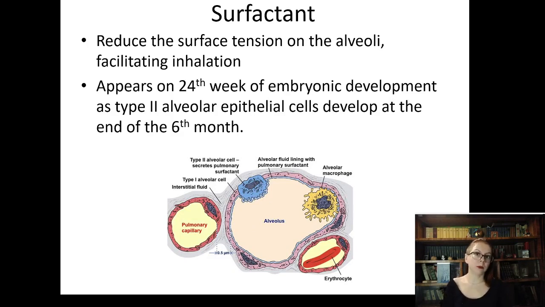Again, as for embryonic development, type 2 alveolar cells appear only at 6 months of embryonic development. So before this term, surfactant cannot be produced as there are no type 2 cells. But nowadays, artificially produced surfactant is injected, and even children born much earlier than this term can survive, even if they have their own alveolar type 2 cells, if the alveoli are not properly formed.